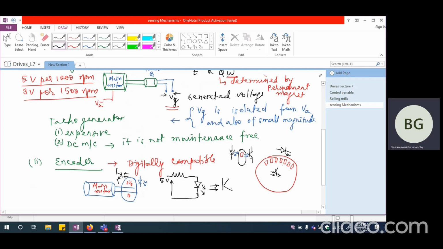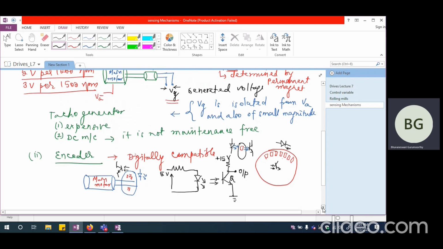Now the phototransistor will have a pull-up resistor which may be connected to again 5 volts or 15 volts depending upon whatever is the rating of this particular transistor, and the emitter of this transistor is going to be connected to the ground. Now from here the output will be taken. Whenever the light is falling, this transistor Q will conduct, and because it is conducting, the output will be low.